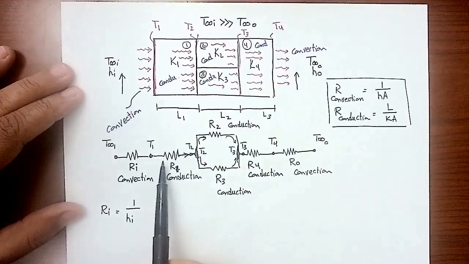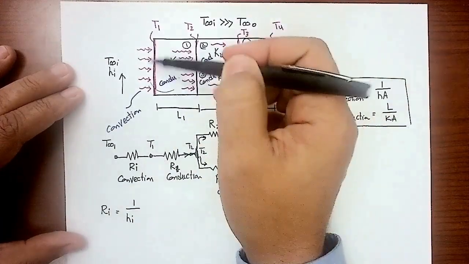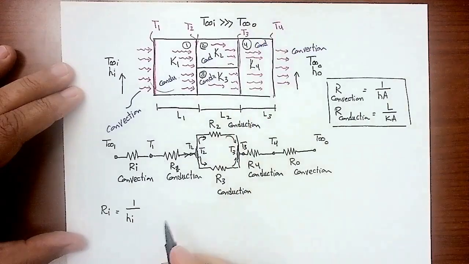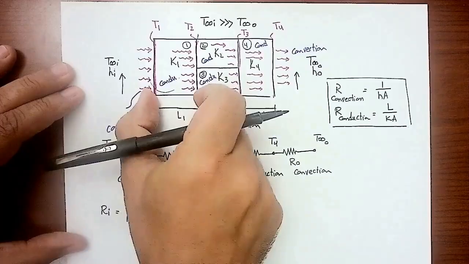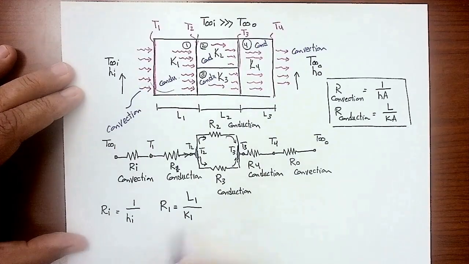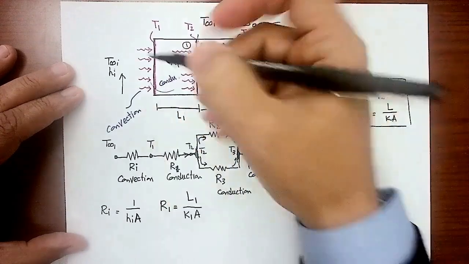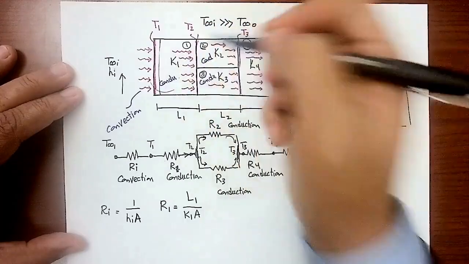Now, let's go to the conduction for that block. The block here has the same height all the time. It's uniform height. So R1 will be L1, the length of that block, divided by the thermal conductivity of that block, K1, times A. Here we have the same A, because the height for convection is the same height along that block for conduction.